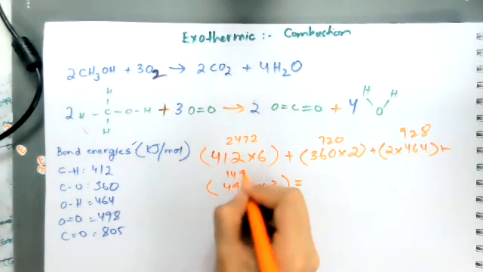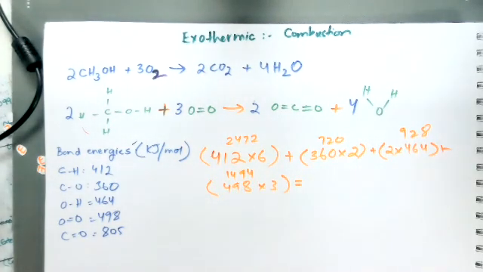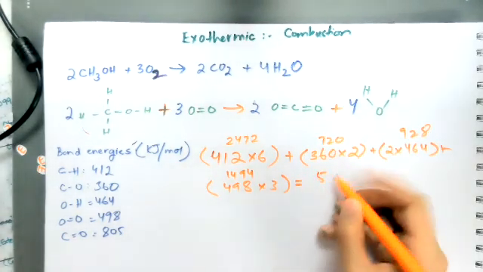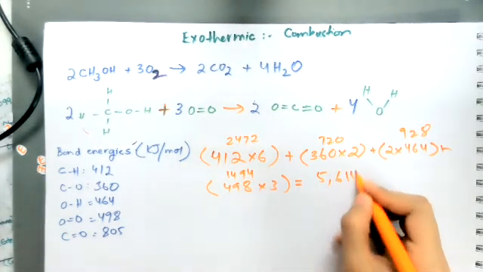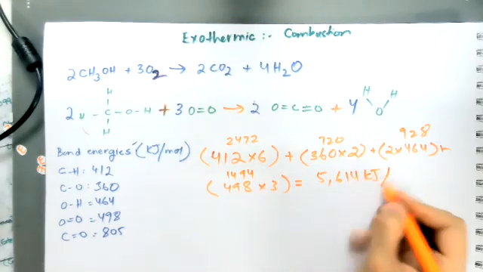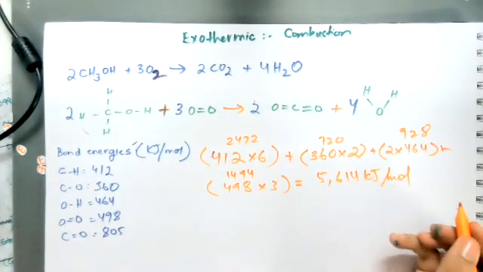This is 1494, 2472, plus 720 plus. So we have 5,614 kilojoules per mole of energy taken in.